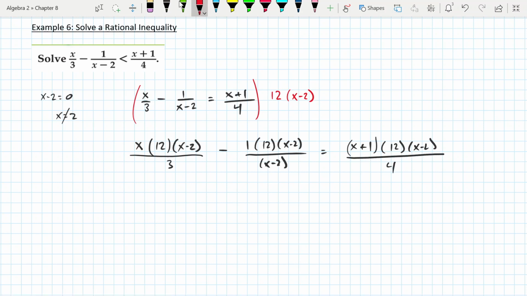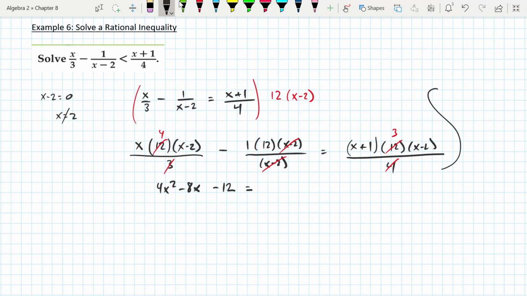And now we reduce things out. 3 goes into 12 4 times. x minus 2 goes away. 4 goes into 12 3 times. So I have 4x times x minus 2, or 4x squared minus 8x. Negative 1 times 12 is just negative 12, equals, well, this one's going to be a little bit more.